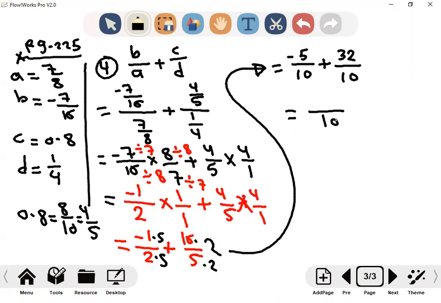We subtract and keep the sign of the bigger one. It's 27 over 10. Now divide: 2 and 7 over 10. You can find it like this and you can say 2 point 7. It is the same. Okay. So question 4, the answer is 2.7.